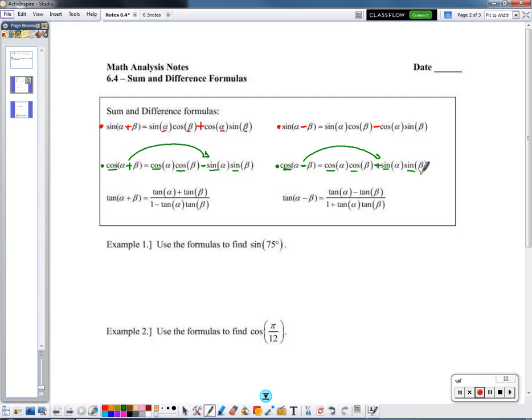Also tangent, sum and difference. Where these come from, you could verify them using the ratio of the sine of a sum over the cosine of a sum. But other than coming up with that formula, we can always just remember those. Remember, this is like the sine of a sum over the cosine of a sum, and the same thing would be for difference.